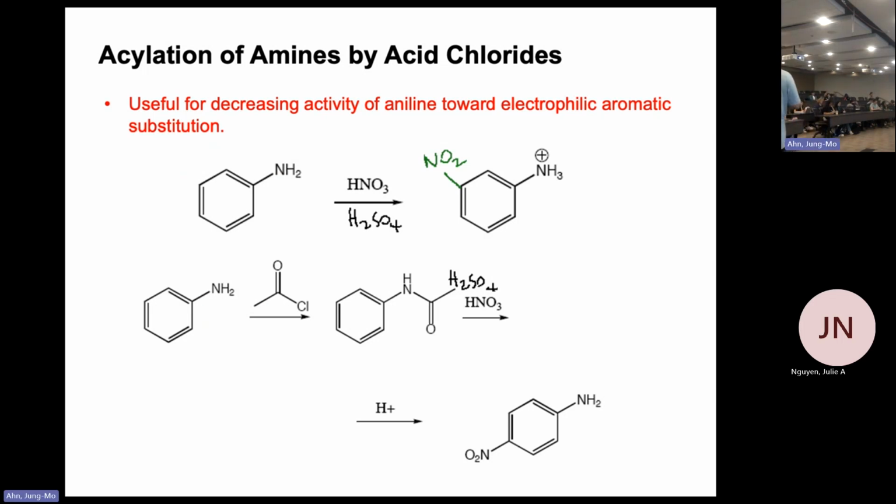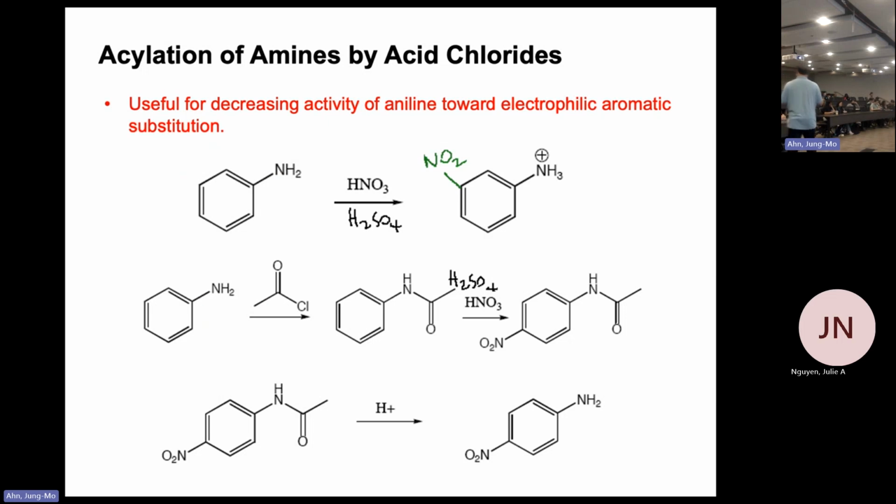So when you convert amine into amide by reacting with the acid chloride, if you do the nitration reaction, the nitro group is going to go to the ortho or the para position. But this is not what we want. We want the amine, so we need to clean that away. This is something we're going to discuss much later, but we can hydrolyze with acidic water, strong acid and water, you cook it up, then you can get rid of this and have an amine.